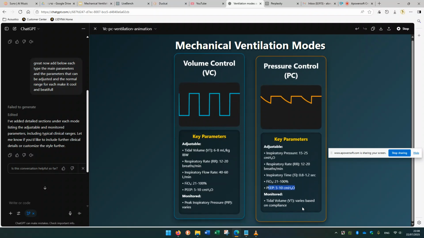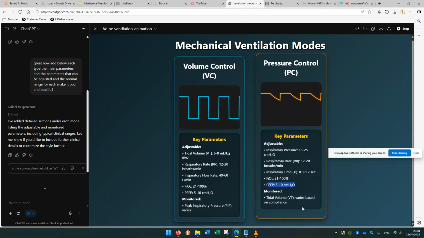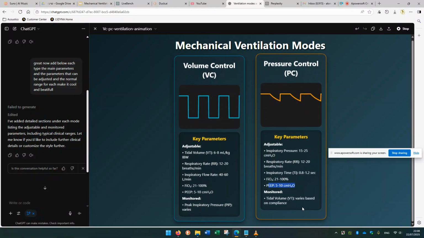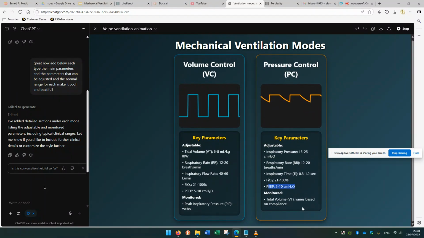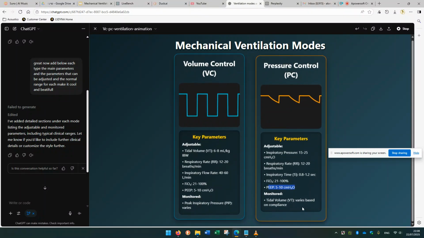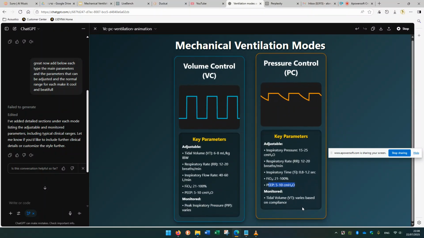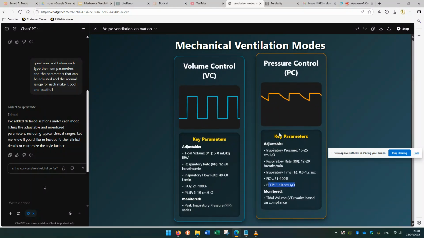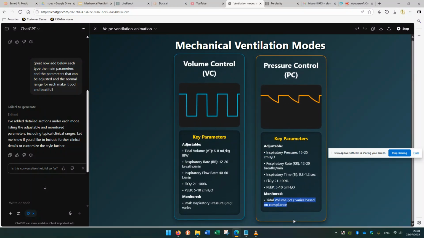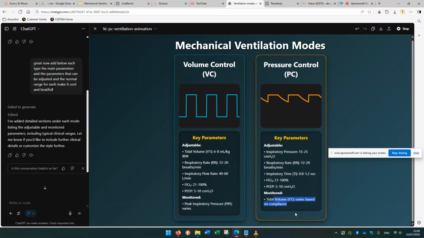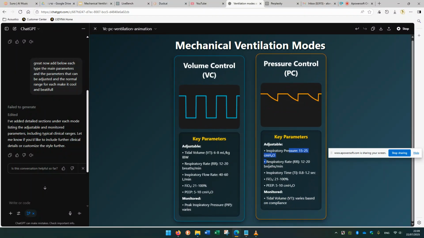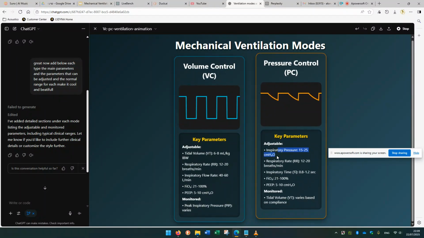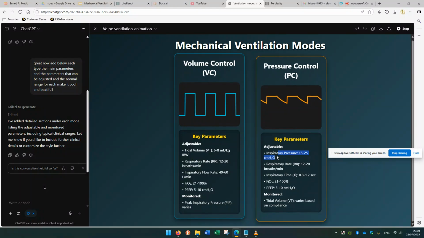But know that too high PEEP can cause barotrauma, can cause too high pressure, and pressure on the veins like the vena cava, reducing venous return. So watch for hypotension if the PEEP is high, but PEEP helps you ventilate the patient. And of course, in pressure control, I set the pressure, but I need to monitor how much volume the patient will get. I don't know. It depends on the lungs of the patient, what volume the patient will get by that pressure for the specific lungs and compliance of this patient.